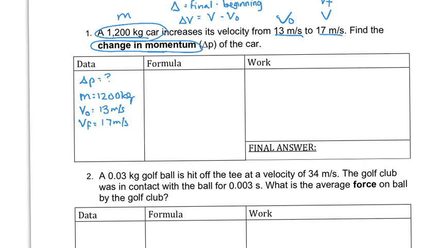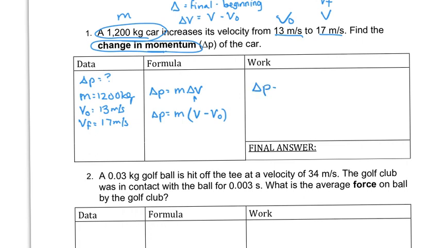And change in momentum, delta P, is mass times change in velocity. And for the change in velocity, you can substitute the VF, or the V minus the V naught. We'll just substitute the work in here.